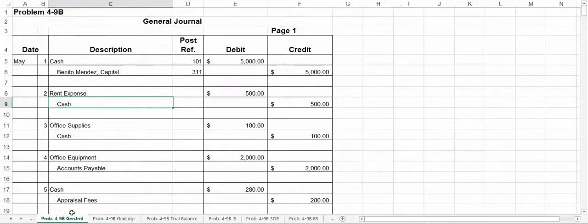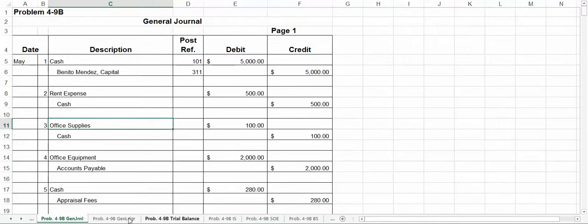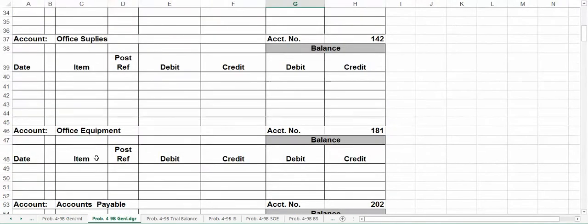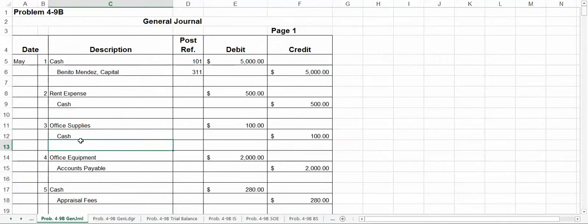And we're going to do office supplies for $100 on May 3rd. Office supplies, May 3rd, $100. And then we have a credit to cash for $100 on the 3rd.